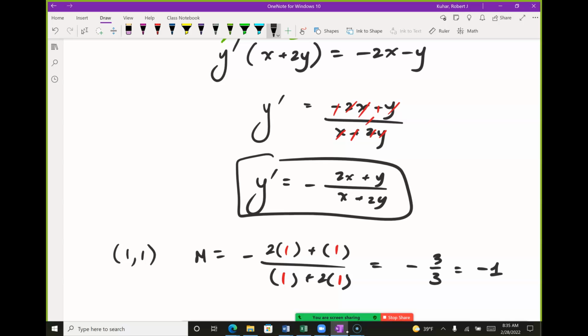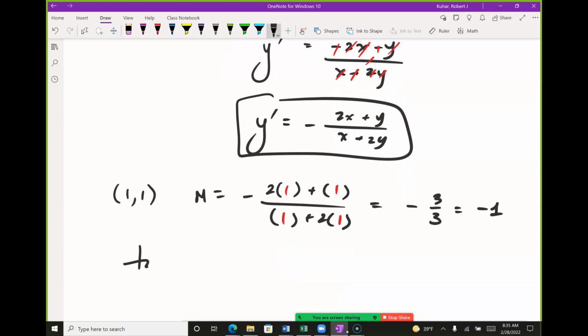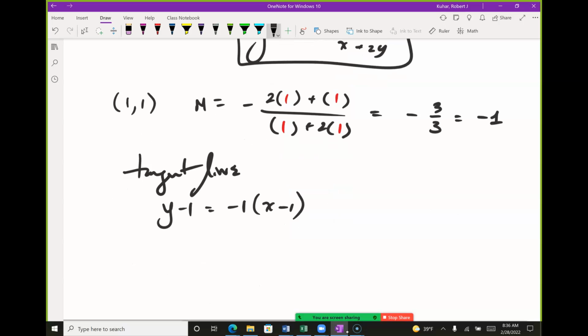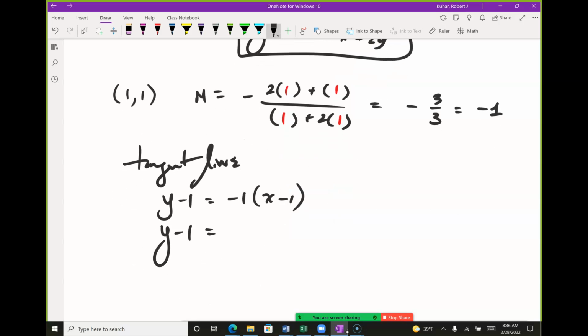There's my slope. Everybody with me? Yes. And now my tangent line. I get y minus 1 equals negative 1 times x minus 1. Y minus 1 equals negative x plus 1. And I'm going to bring that 1 over. It becomes positive.